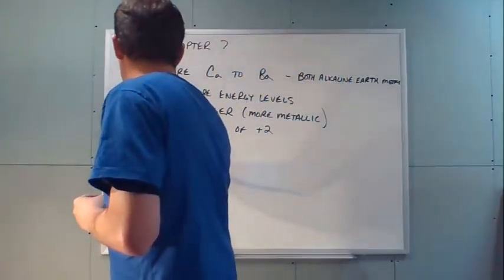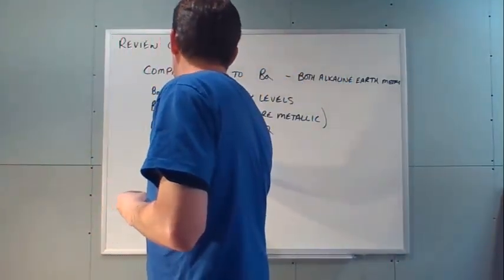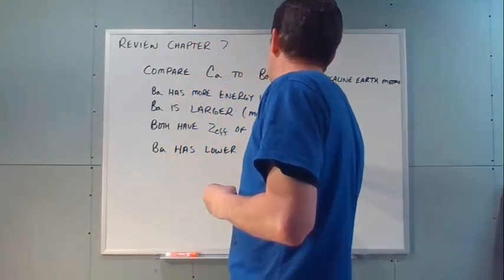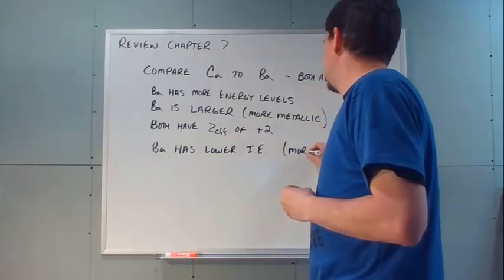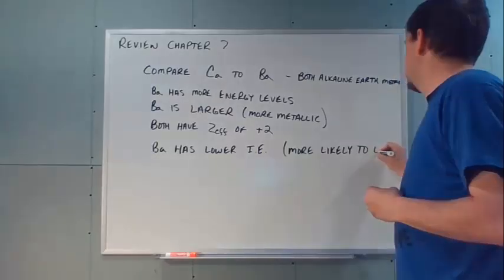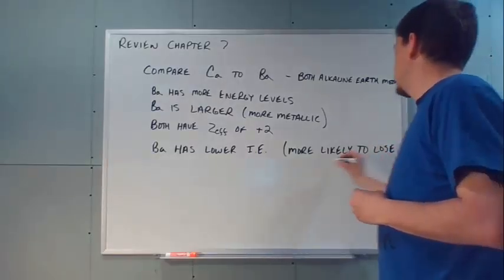All right, so what are we going to find from this? We're going to find that barium has lower ionization energy, more likely to lose electrons.